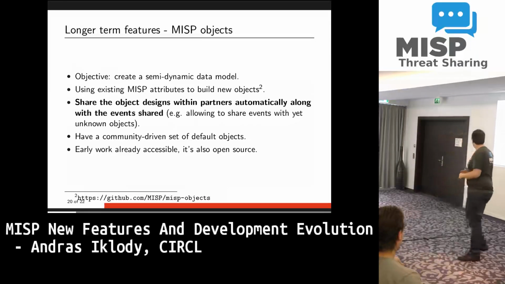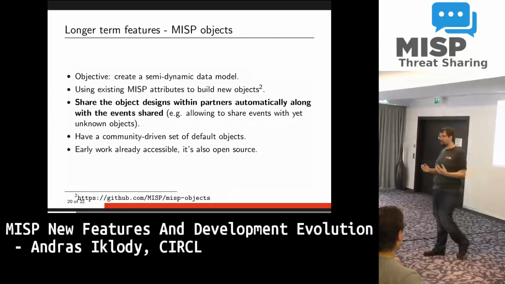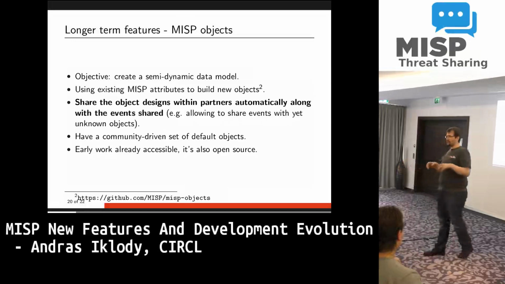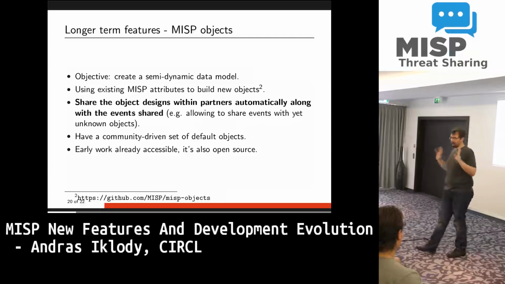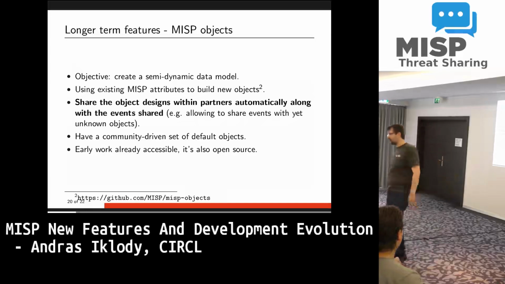The idea is also to allow a very dynamic system where you will be able to build your own templates based on the building blocks that we currently have as attributes. So that means that if you want to build something completely new out of those attributes that we have, just build your own and use that in MISP.